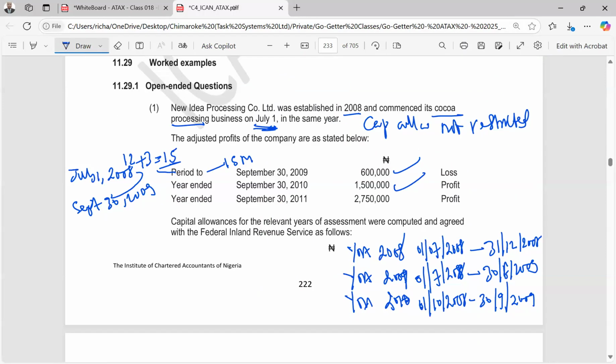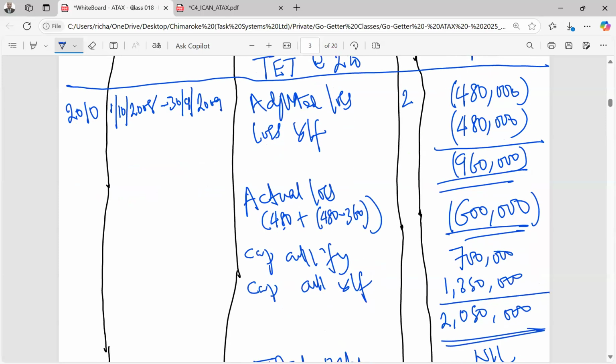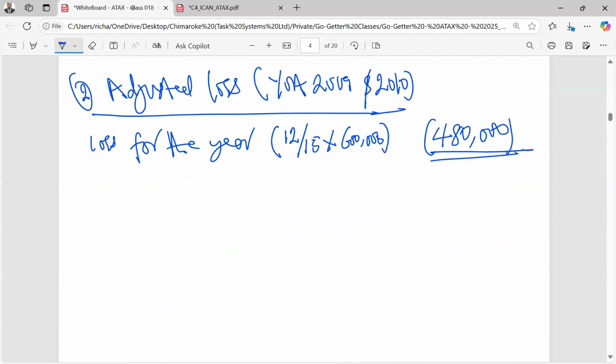So imagine that if this is a real business, and if this was to be a profit, this profit will have gone to tax 3 times. But you see now, it was a loss. We now take the actual loss, which is 600. That's what we did. And we bring our capital allowance for the year, and the accumulated capital allowances became 2,050,000.